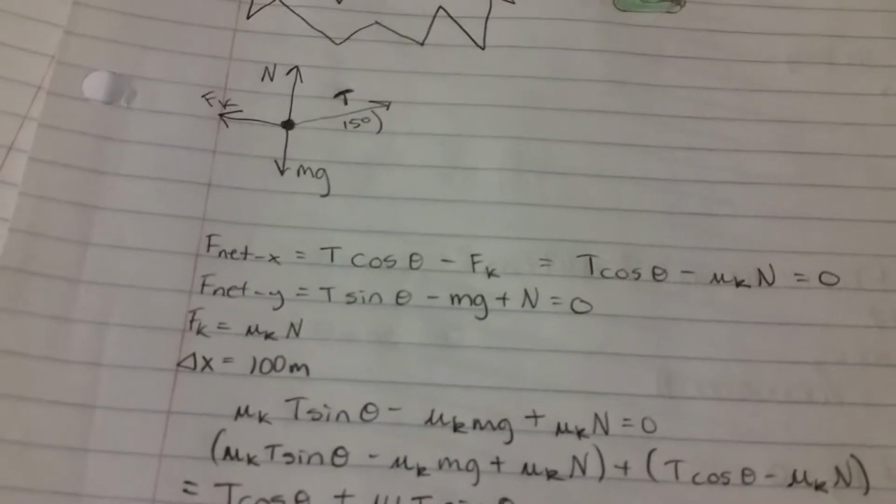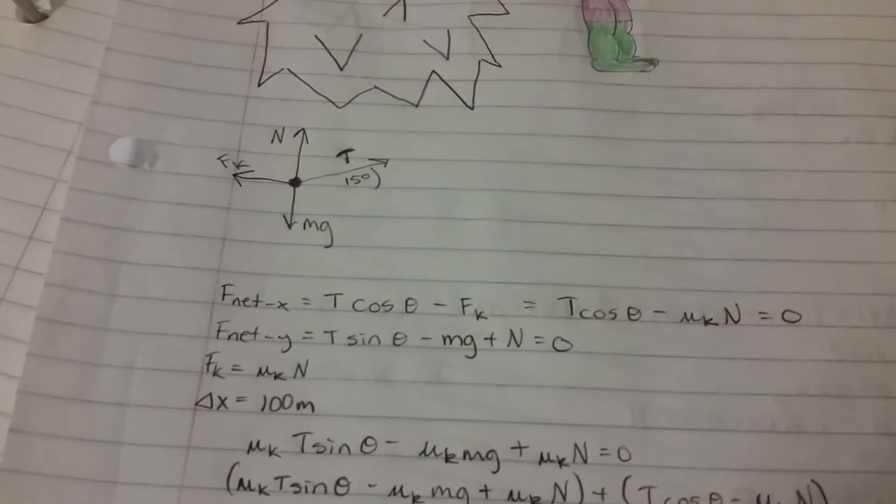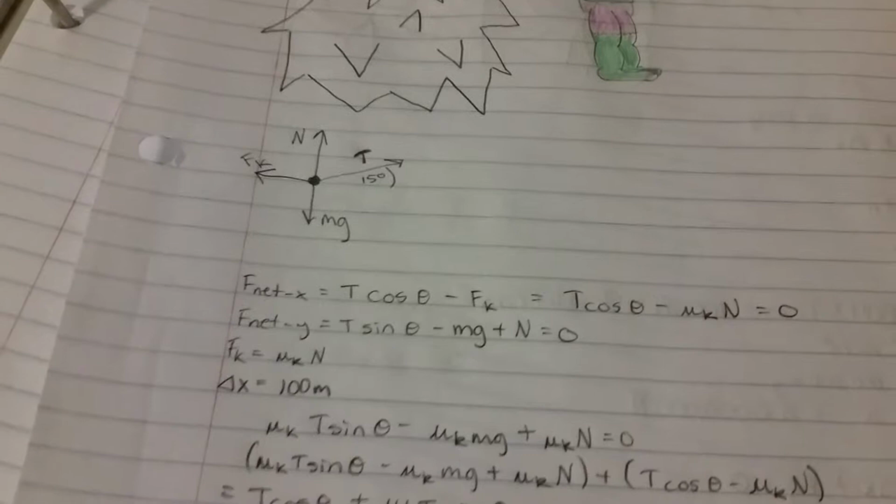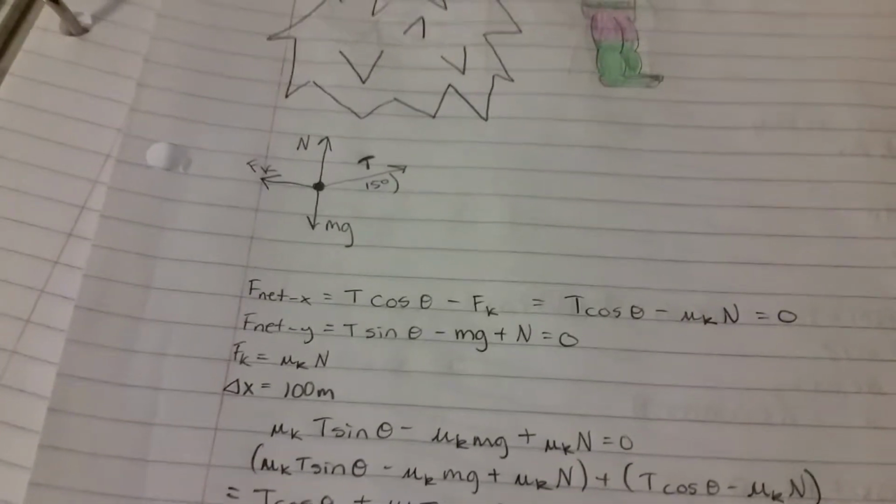Then F net y, we have T sine theta minus mg plus the normal force, which is going to be equal to 0.